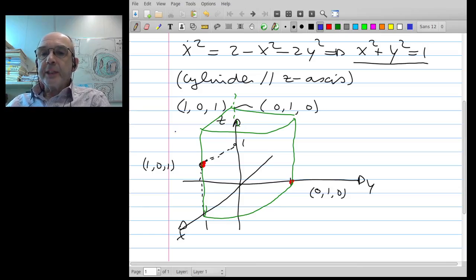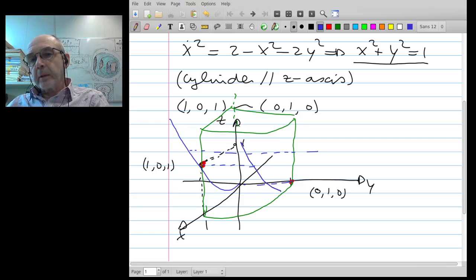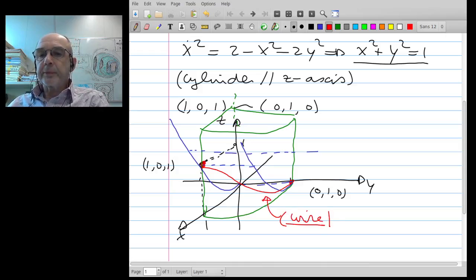You don't see any y, and your y is free. So you can shift that parabola along the y-axis, and you have your parabolic cylinder. And then that green cylinder and the parabolic cylinder are cutting each other, and that gives you some curve. That is the wire of which you have to calculate the mass.